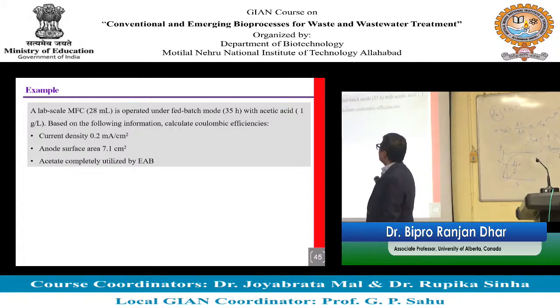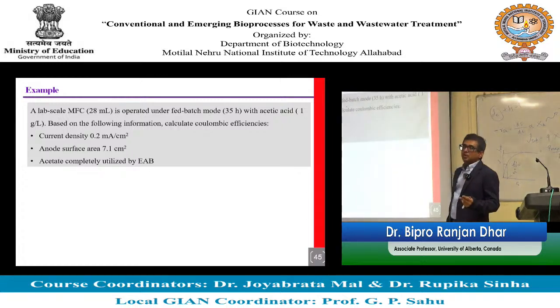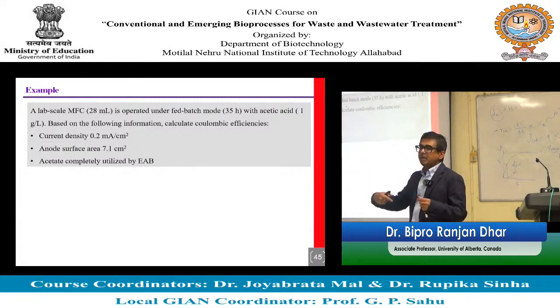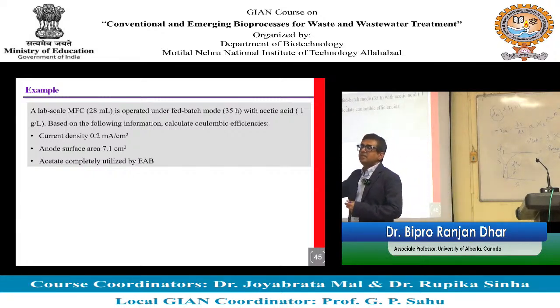Before I finish, I have two example calculations, because I love calculation in my class. Let's see how we can calculate Coulombic efficiency, and how to apply the kinetic equation that we developed to estimate current density from a system.